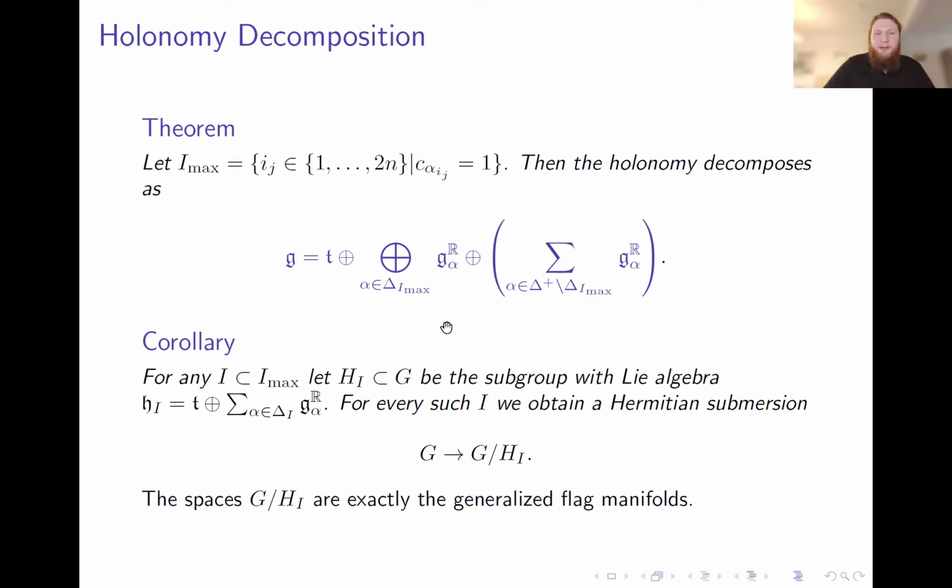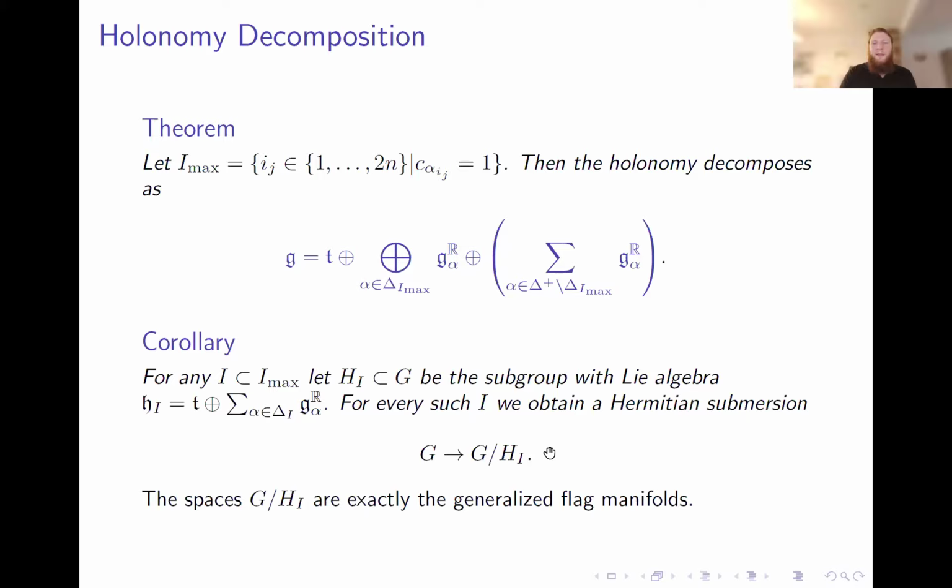Then we can consider the subalgebra which takes the maximal torus and all these root spaces generated by I. That is a subalgebra, so it integrates to a subgroup of G. And from the submersion theorem, there is a resulting submersion from G to G mod HI.